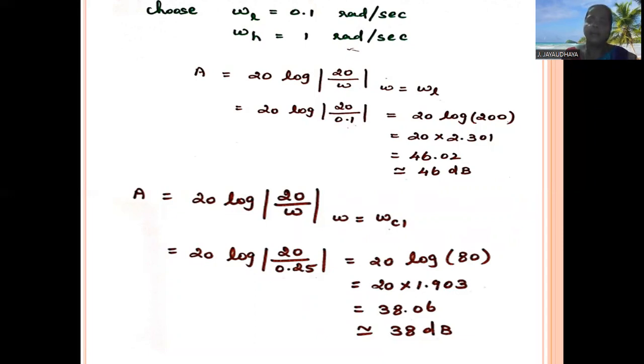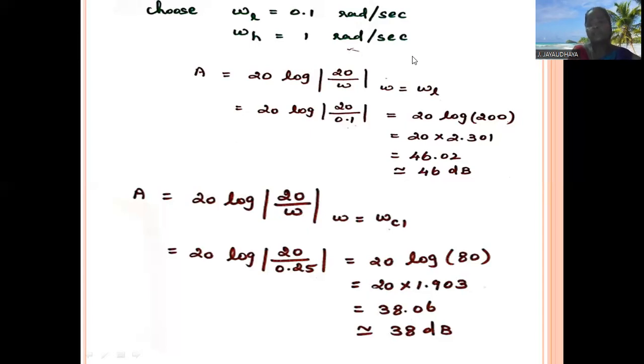One is omega L, that is low frequency. This low frequency value is always less than omega C1, that is the first corner frequency. You have to select a value less than the first corner frequency. So that's why here I selected the value 0.1. Then the next one, omega H. Here I selected the value 1 radian per second.